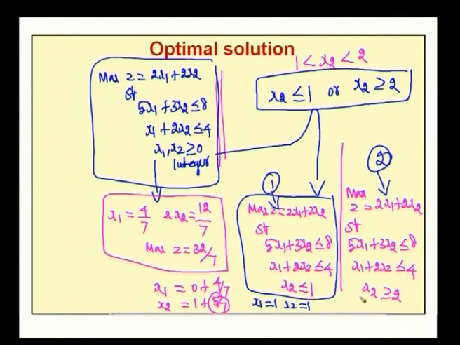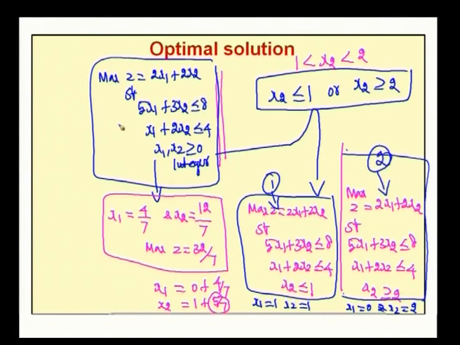Now, for subproblem 2, we obtain our optimal solution as x1 equal to 0 and x2 equal to 2. Here also our optimal solution is an integer solution only. Therefore, further branching of this subproblem is not required. Therefore, we have to stop the process.